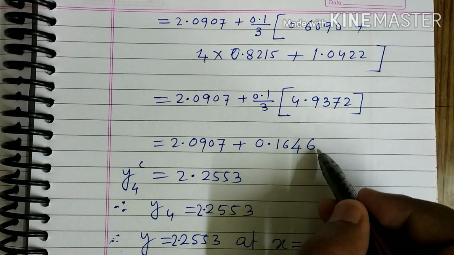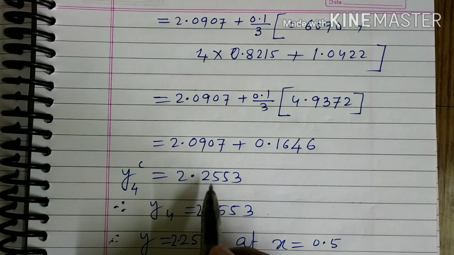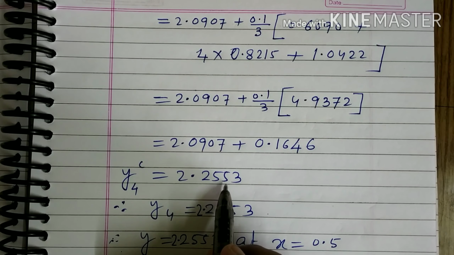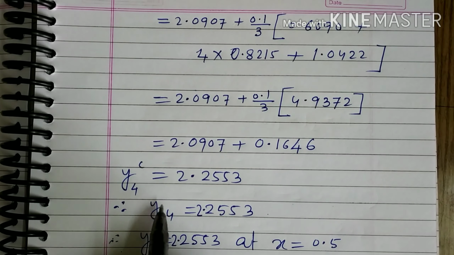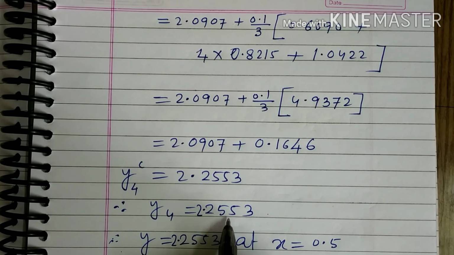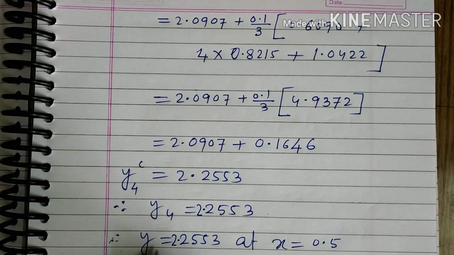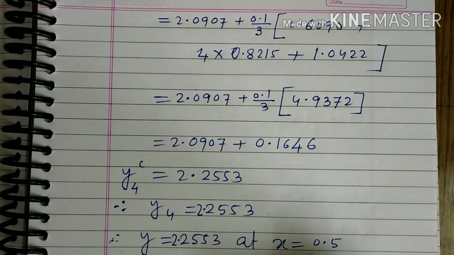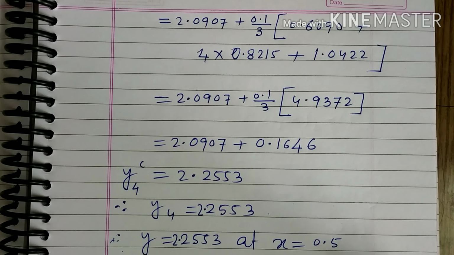After substituting, we have y4c = 2.2553. That is your corrector value, so y4 = 2.2553. Therefore the value of y is 2.2553 at x = 0.5, which is our requirement. So this is all about the process.